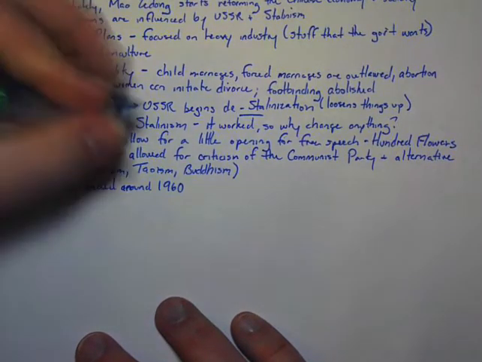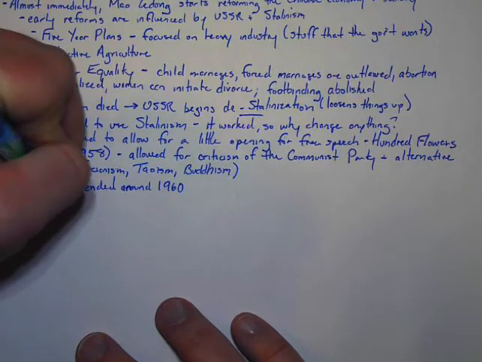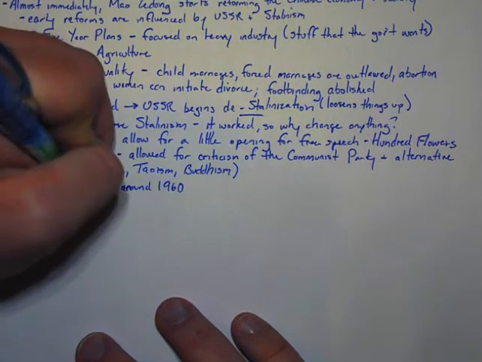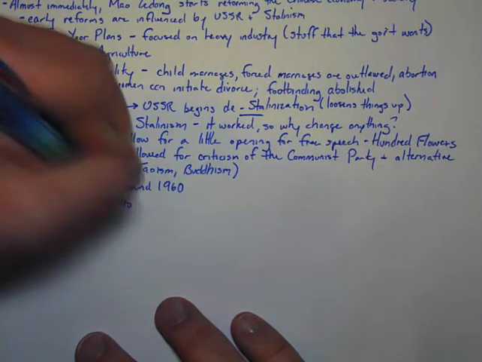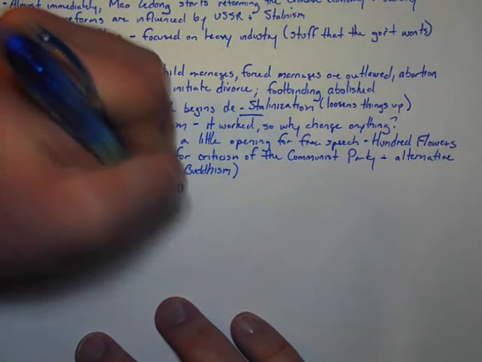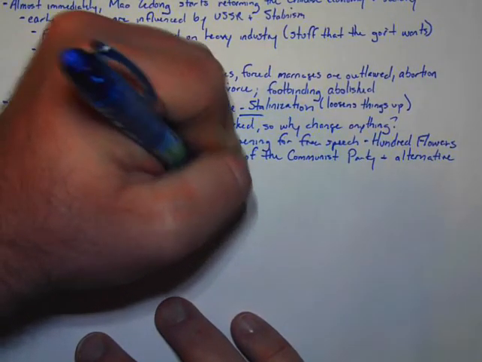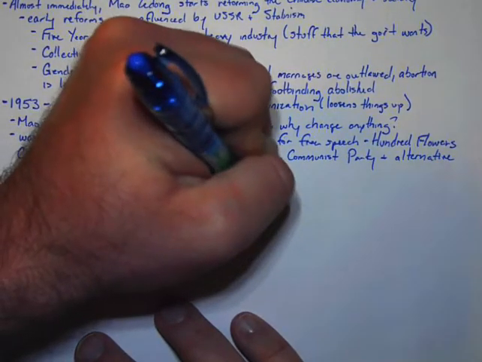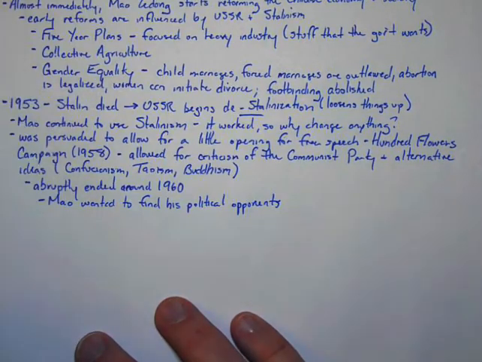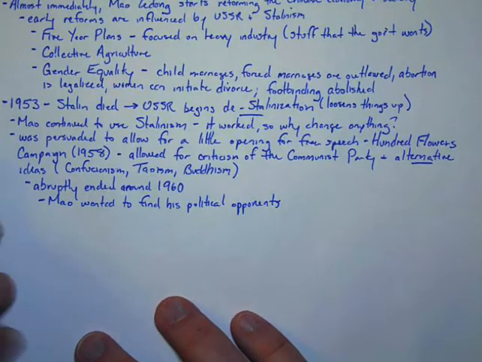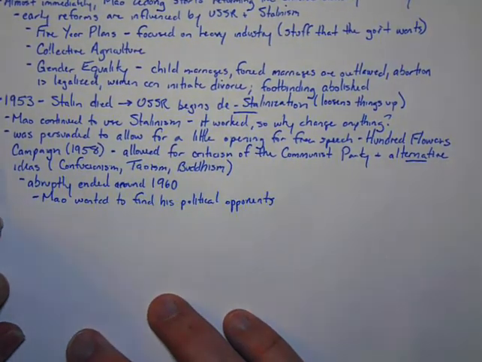One theory is that Mao set a trap. Mao wanted to find his political opponents. And his political opponents were the ones who were probably loudly espousing these alternative ideas.